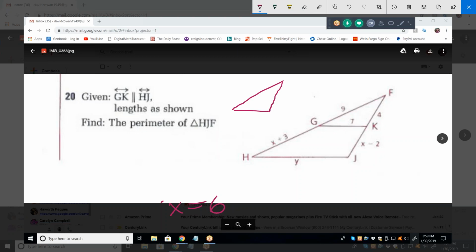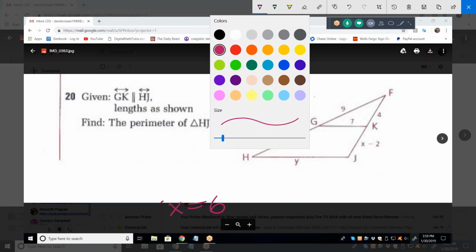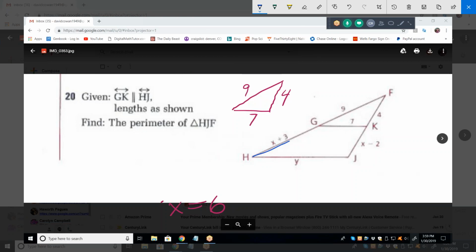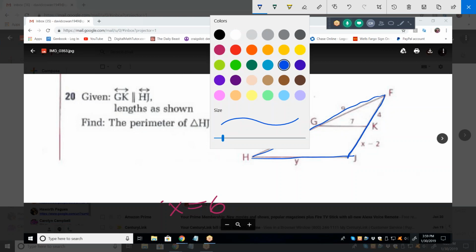Now, what do I know about this triangle? It's similar to the blue triangle. So, give me some equations.